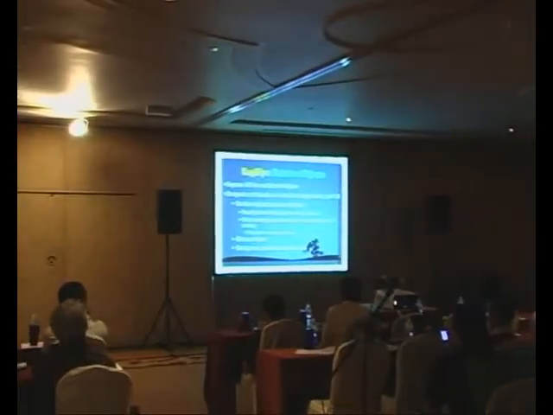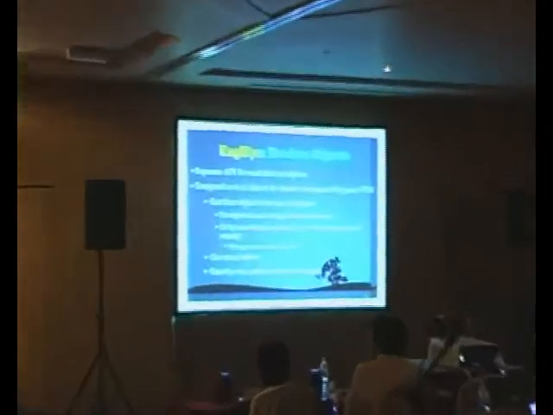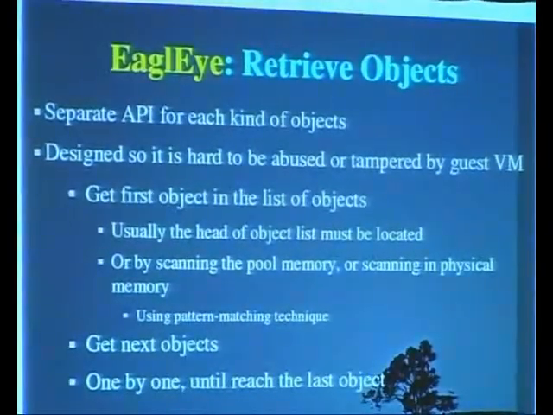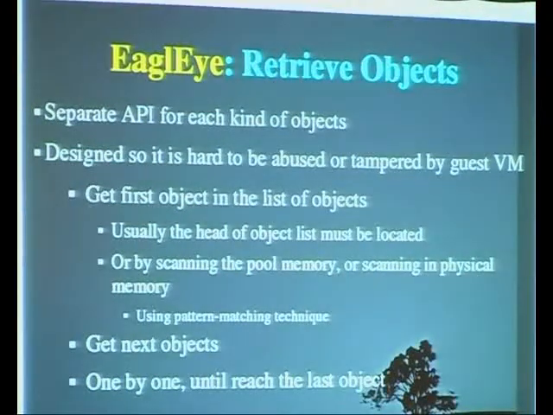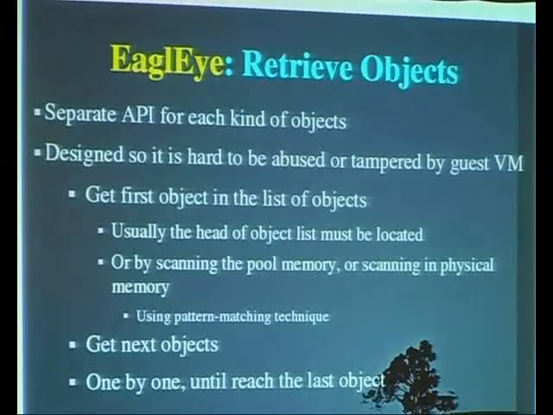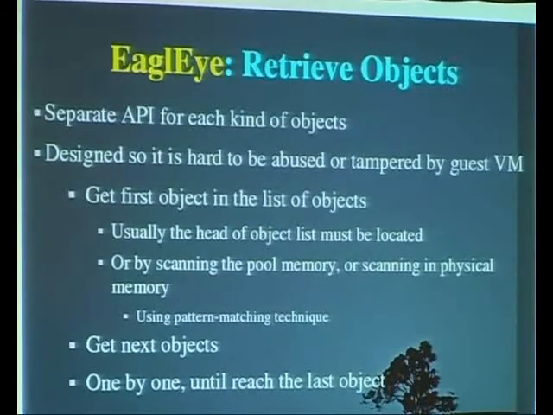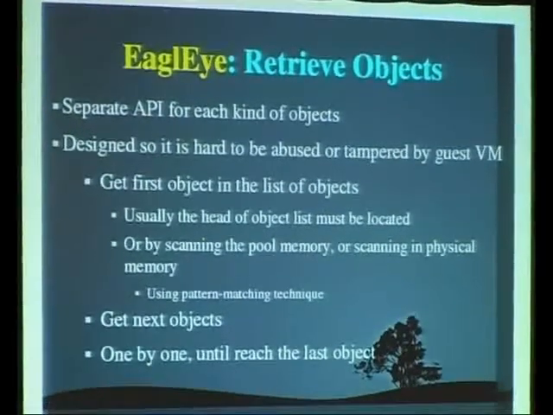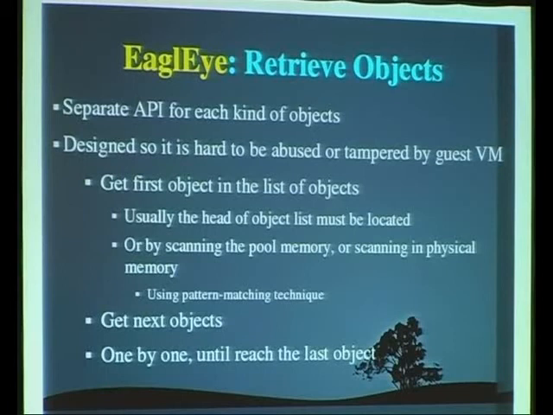Okay, so after you can access the internal information of those objects, you can use that information to actually extract those objects from the memory of the virtual machine for you. We design the API so it's very hard to be abused by malware running inside the guest virtual machine.